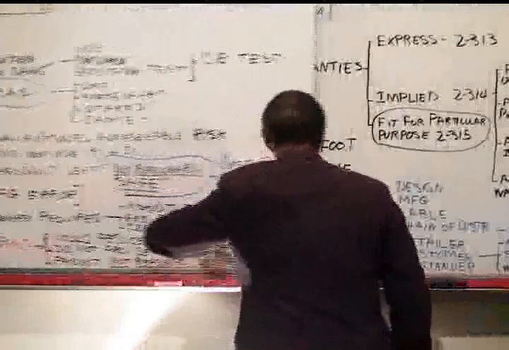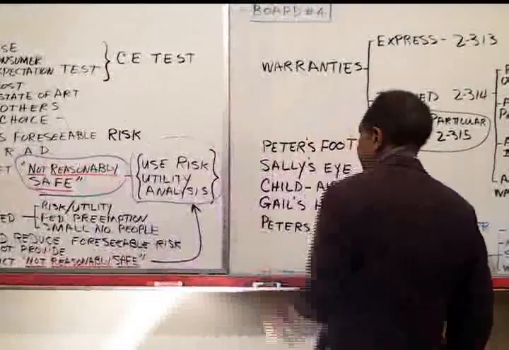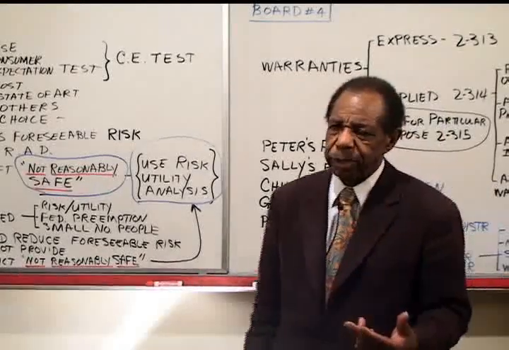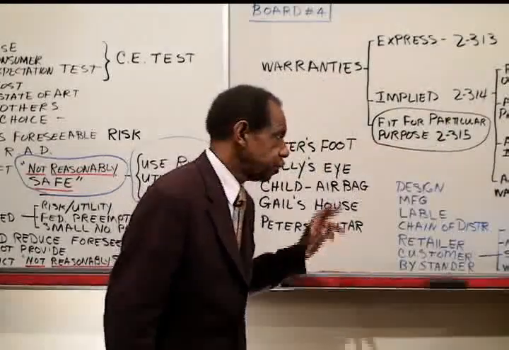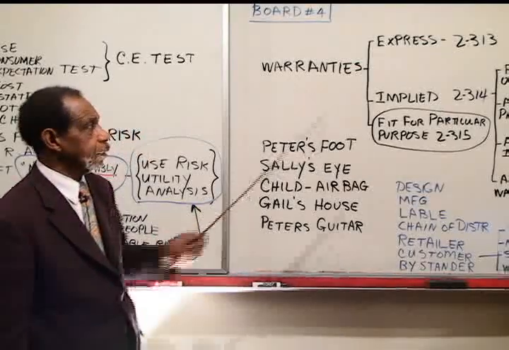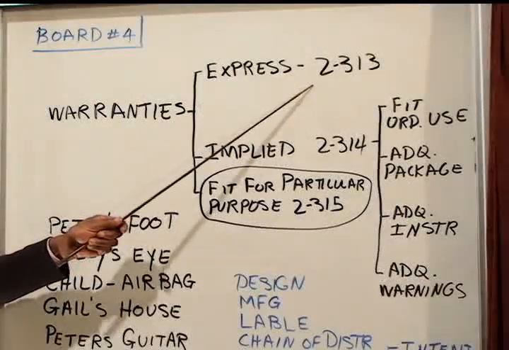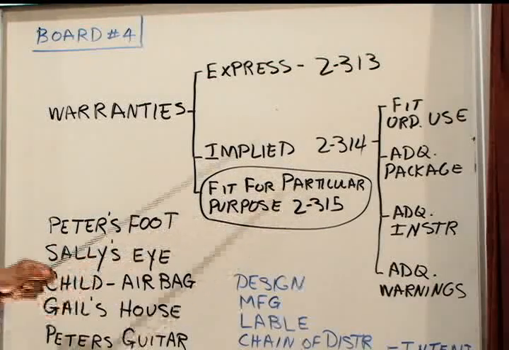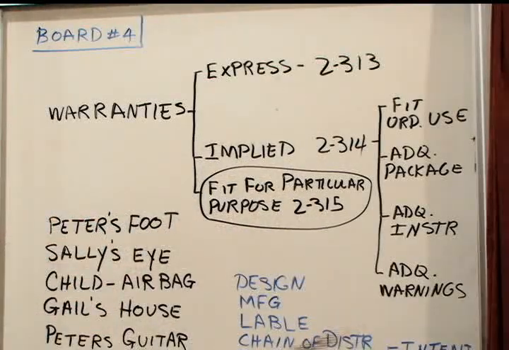And now, if we finally move to warranties, there's a separate lecture on warranties, which I presume you've watched by now, so this is going to be very brief. But the warranties, there are the express warranties at UCC 2-313 and the implied warranties at 2-314 and 2-315. The express warranties, you recall, can be any promises that are made regarding the product.